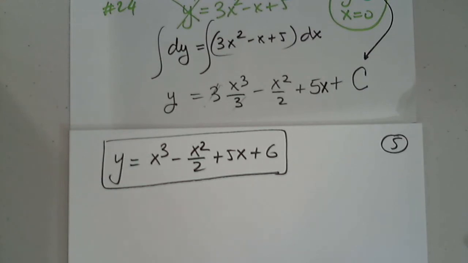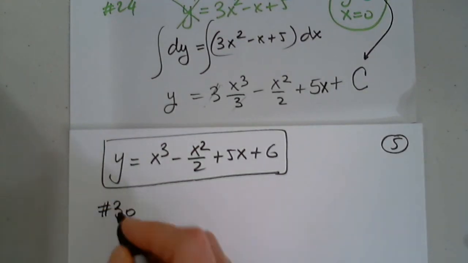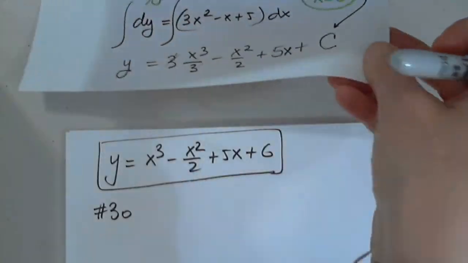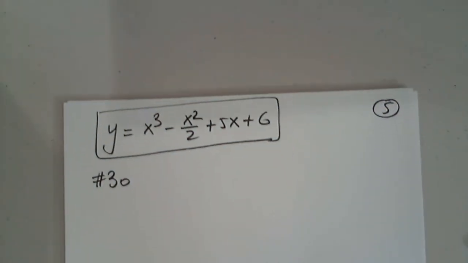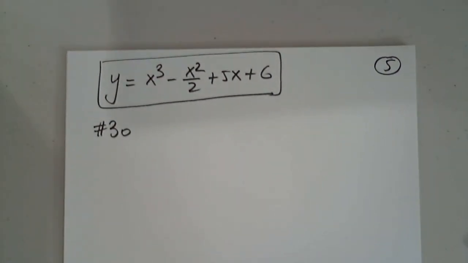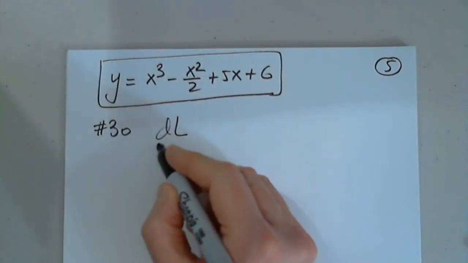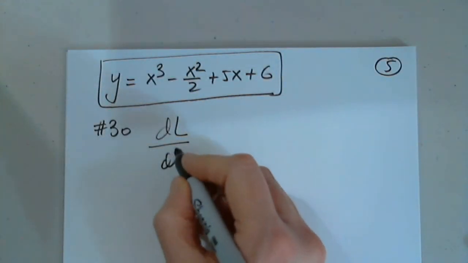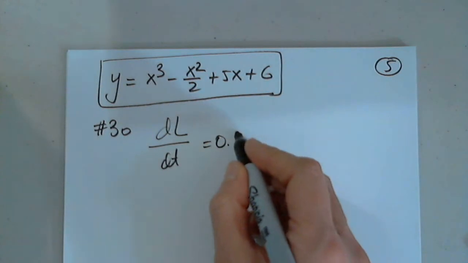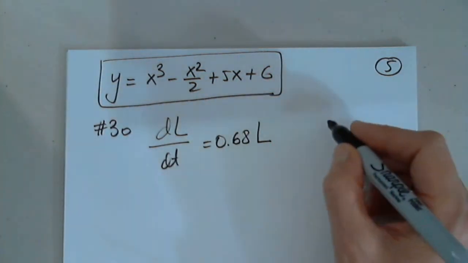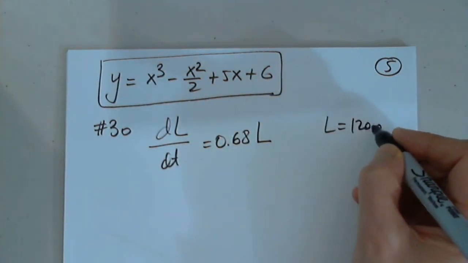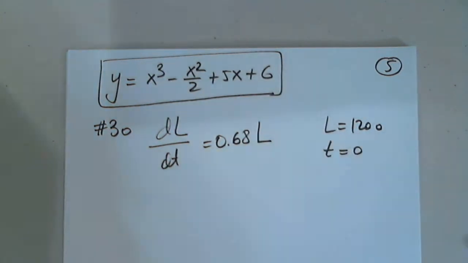Okay, let's also look at 30. Please feel free to choose the next one. I'll be waiting for you to choose. So 30 dL over dt equals 0.68 L. We are told L is 1200 when t is 0.